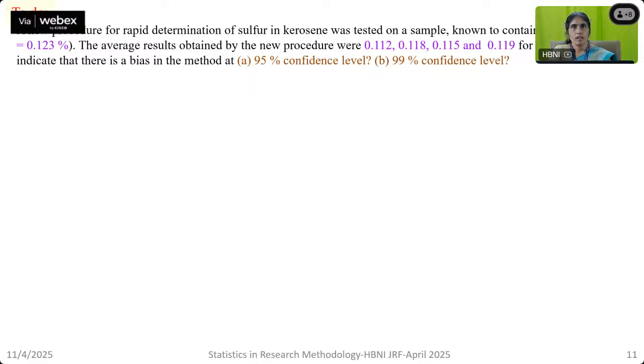So t-test can be applied to understand whether there is any systematic error or not, and you can come out with the result. Because you know the population mean and the standard deviation of your value.